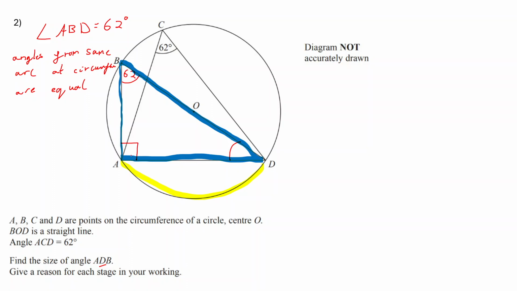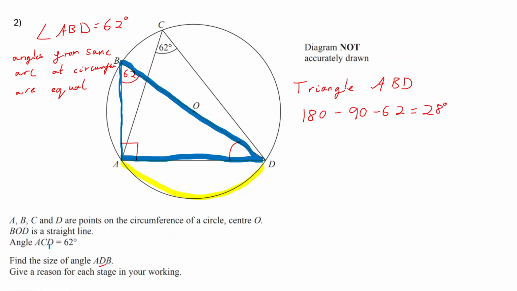So if I consider triangle ABD, to get the missing angle here, which is what I want, I can just do 180, that's what my angles of a triangle add up to, subtract 90, subtract 62 will give me my missing angle, which is 180 take away 90, take away 62, equal to 28 degrees.